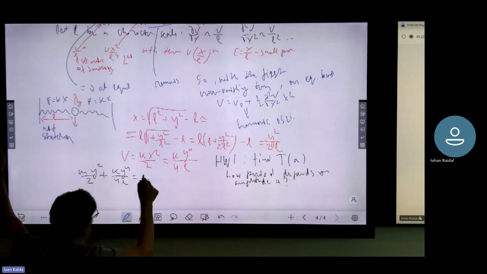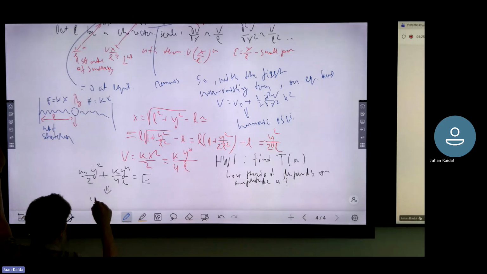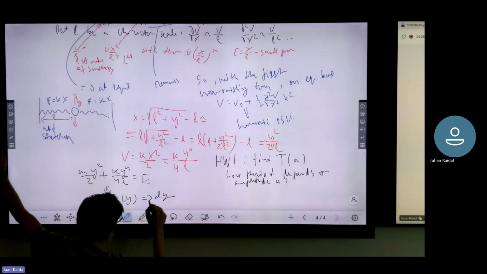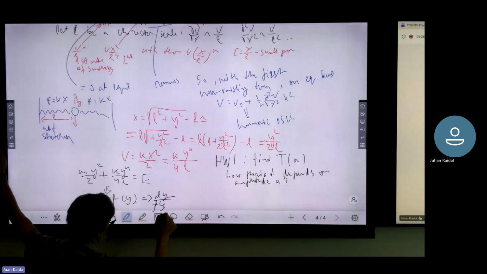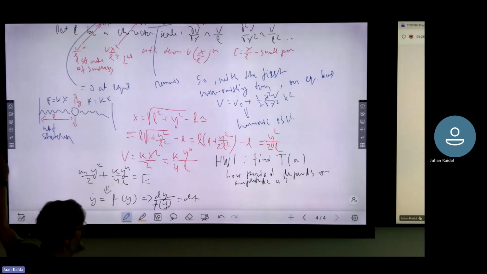It is the total energy E, right? From here, you obtain y dot as a function of y, right? From here, you obtain dy divided by f of y is dt.